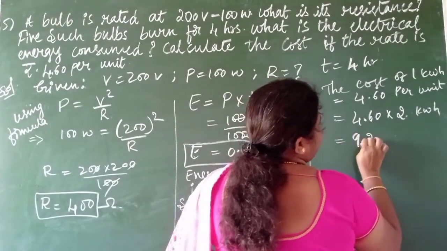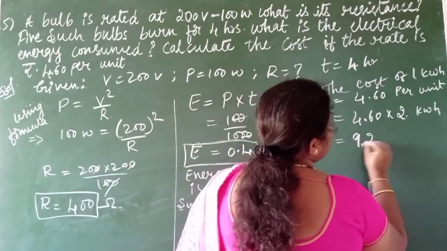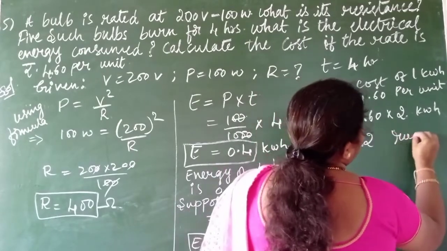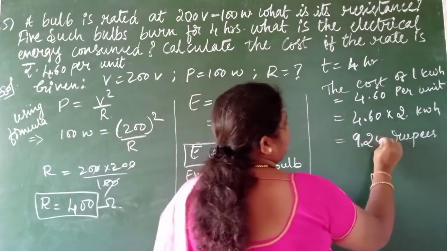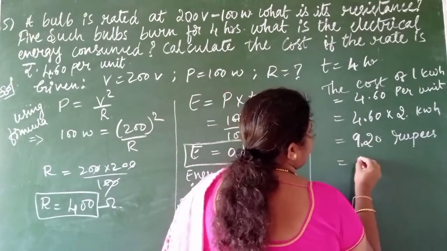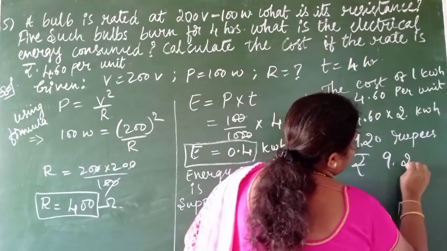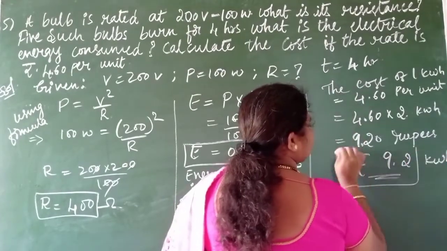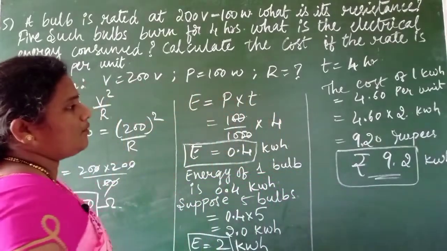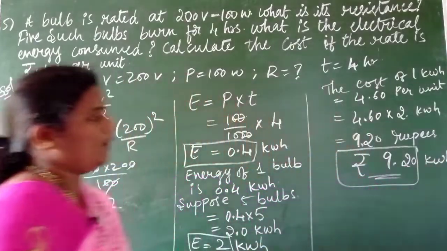Isn't it, children? 9.20 rupees is the cost, isn't it? So you can write here the rupees value: 9.20 rupees is the value. Got it, children?